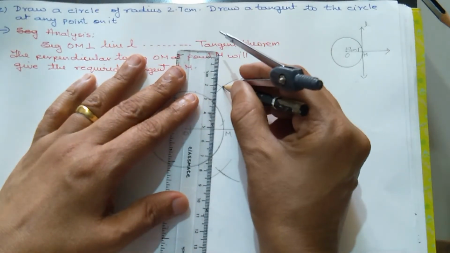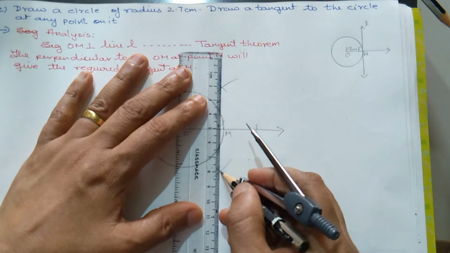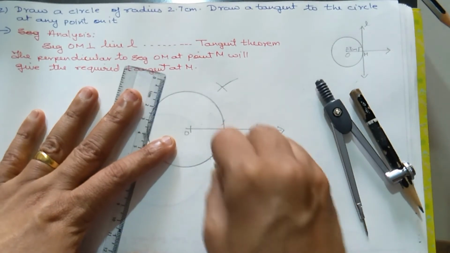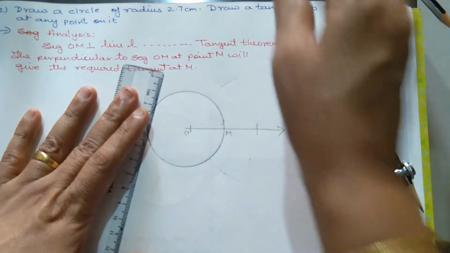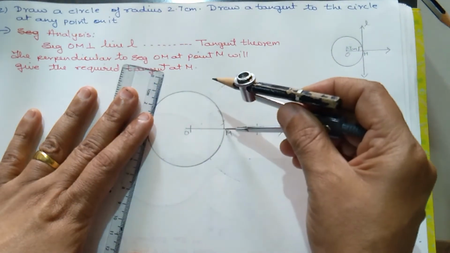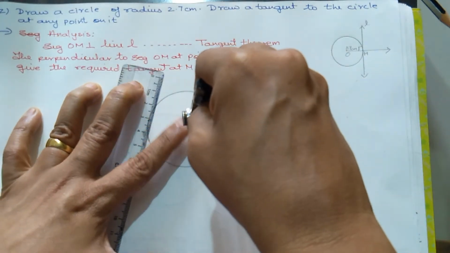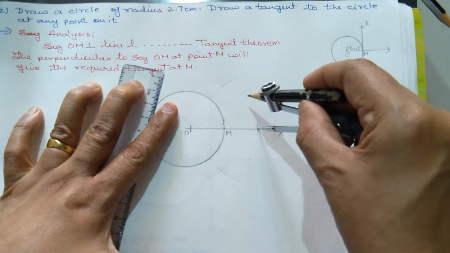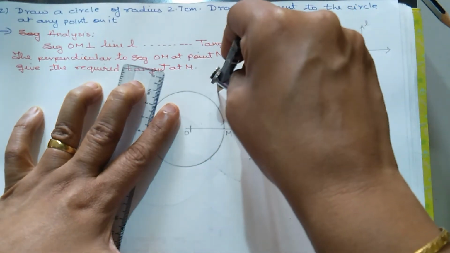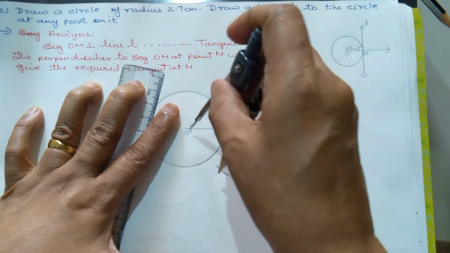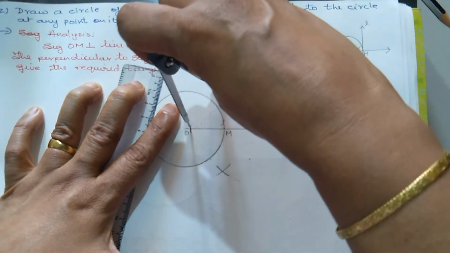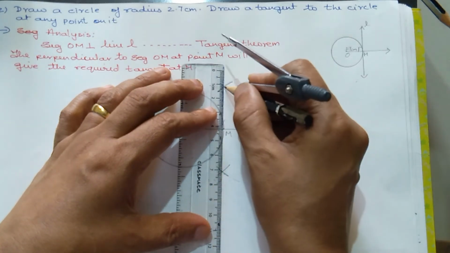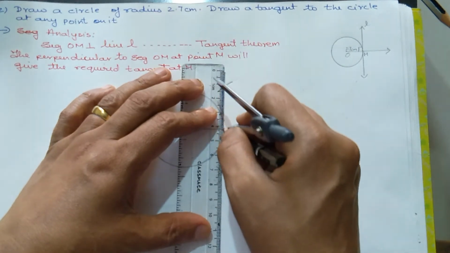Wherever both the arcs intersect, wherever it meets, the line through that particular point is your tangent.